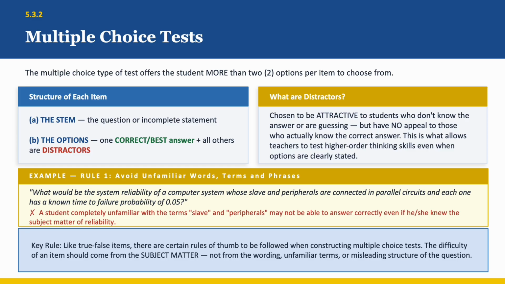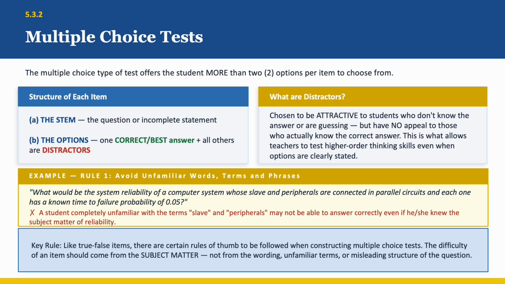Now, let's talk about distractors, because this is where multiple choice construction gets interesting. A distractor is a wrong answer that is specifically designed to look attractive to students who don't know the answer or are guessing, but have no appeal to students who actually know the content.